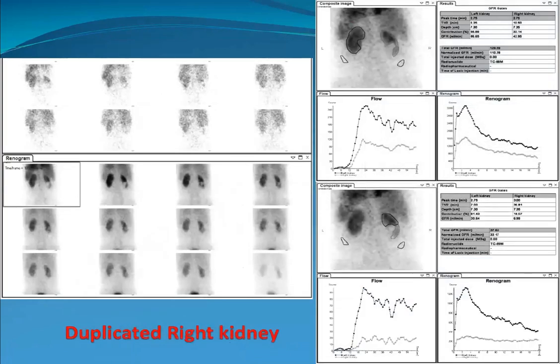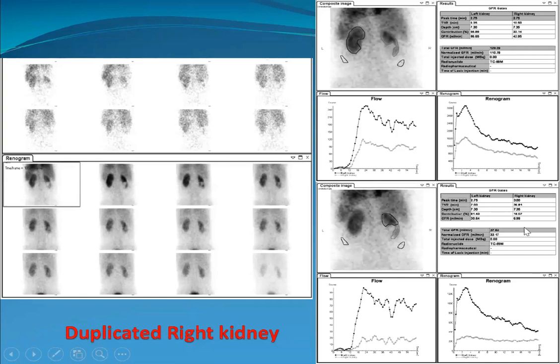A case for example for duplicated right kidney, as we see here, there is a dense part upward. This is the upper moiety, and less dense with a photopenic portion in the lower half. This is the lower moiety. We take a region of interest for both moieties, this is the upper and this is the lower.